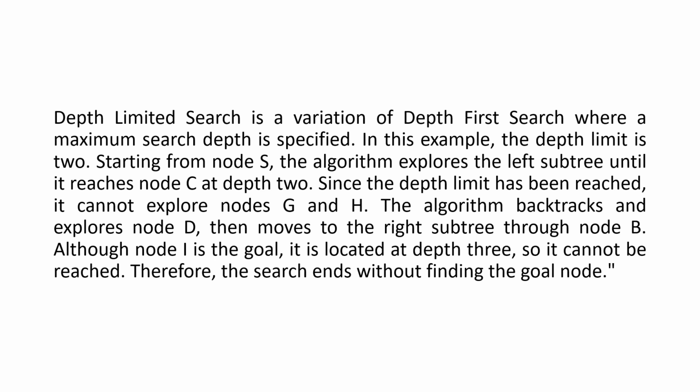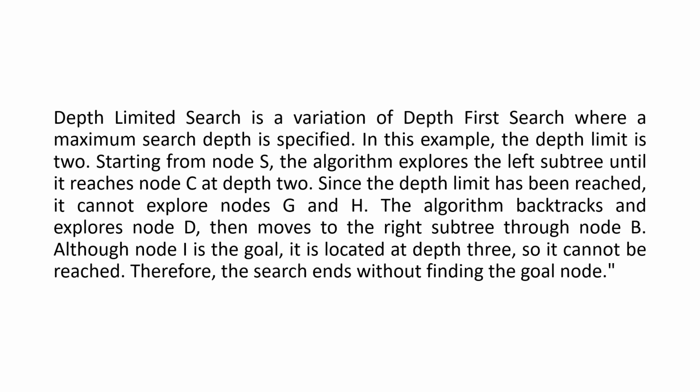This example has two things. Starting from node S, the algorithm explores the left subtree until it reaches node C at depth 2, where the depth limit has been reached, and it cannot explore G and H because of the limit constraint.